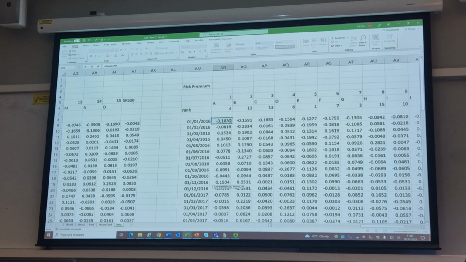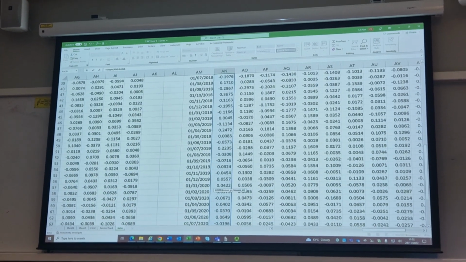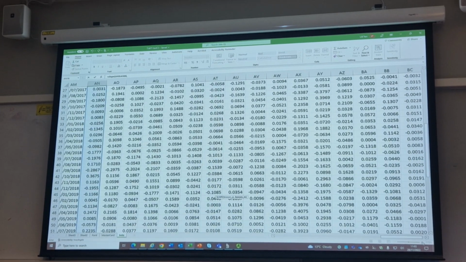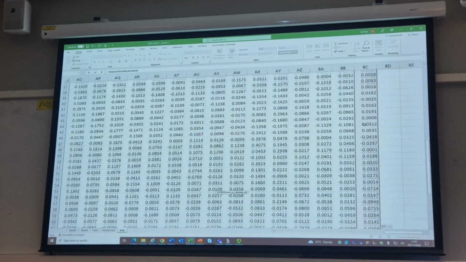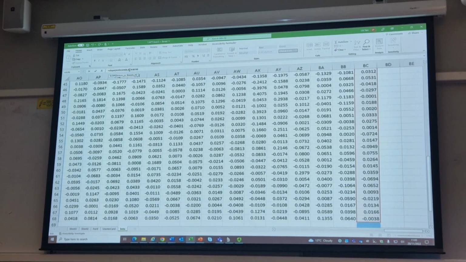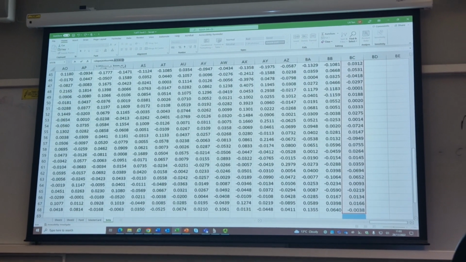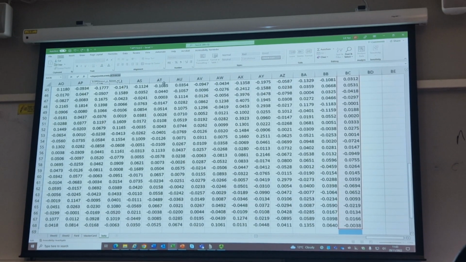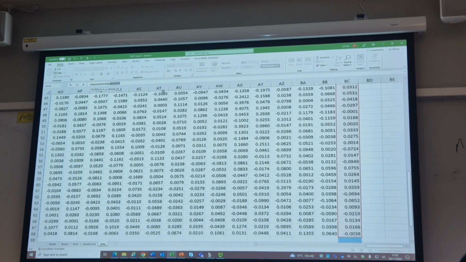So the dependent variable is the excess return for stocks, and then use a comma to separate it, and the independent variable is the excess return of the market. We will use the excess return of the market all the time, so we need to fix the whole column, meaning we need to fix the column letter and the row number.